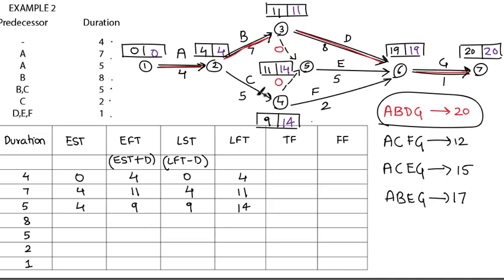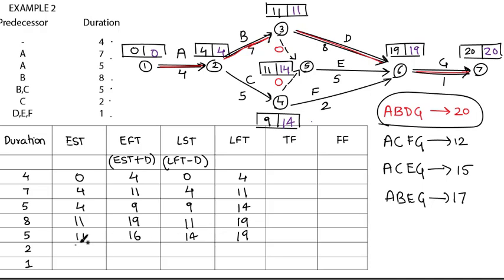Similarly for D, earliest start time is 11. 11 plus 8 will give me 19. Latest finish time is 19. 19 minus 8 will give me 11. Now coming to E, earliest start time is 11. Latest finish time is 19. Earliest finish time is 11 plus 5, that is 16, and here it is 19 minus 5, that is 14.